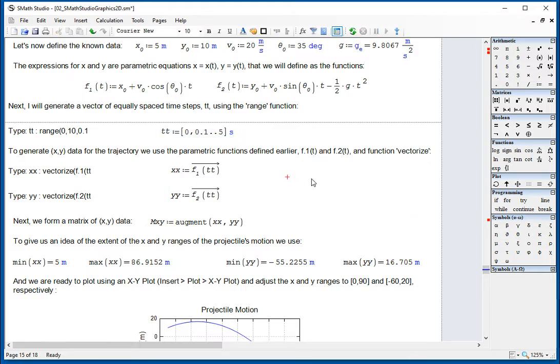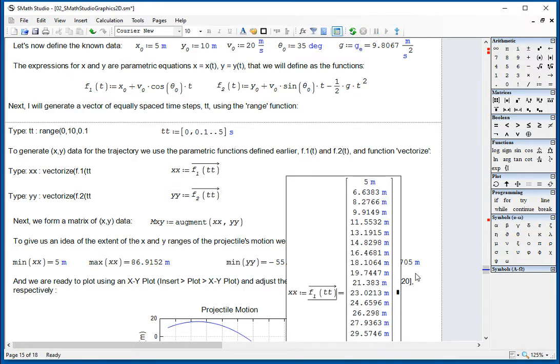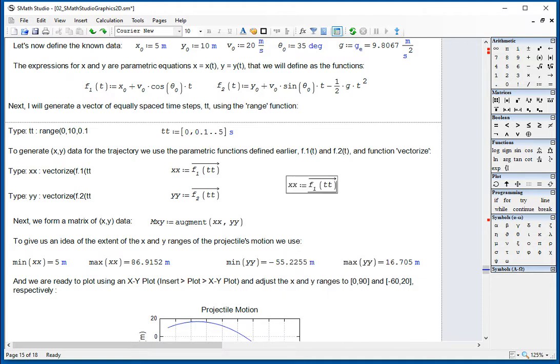Now, if I want to produce my x coordinates, I do f1 apostrophe, parentheses tt spacebar, and then I use my vectorization function here in the matrices panel, and that will give me values of x. Of course, it's going to give me the values for storage purposes in meters, although in the future we're going to be talking about using feet. Let's do Control Z to reduce that. This is repeated, so I'm going to delete it.